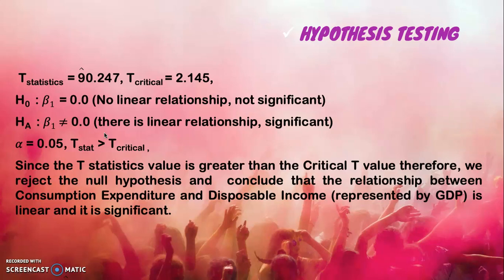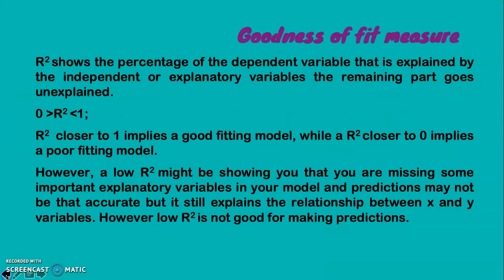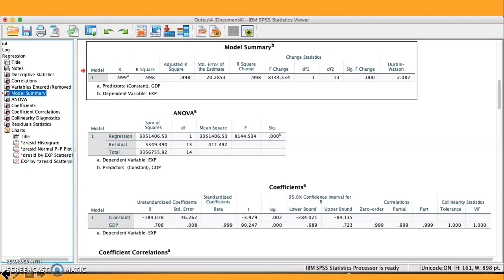Another way by which you can check the significance level between your variables is to check the t statistics in the results. This is the t statistics for your independent variable, 90.247.